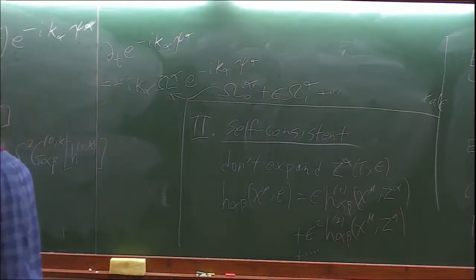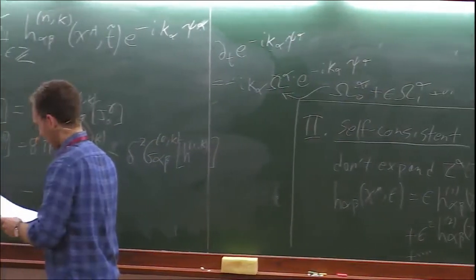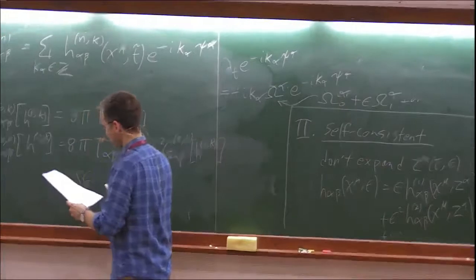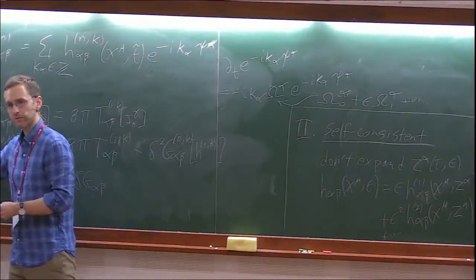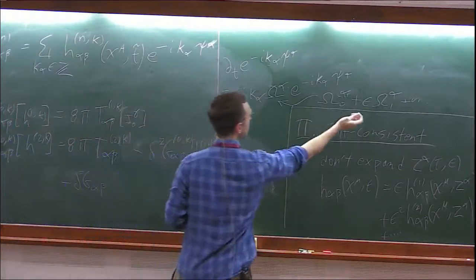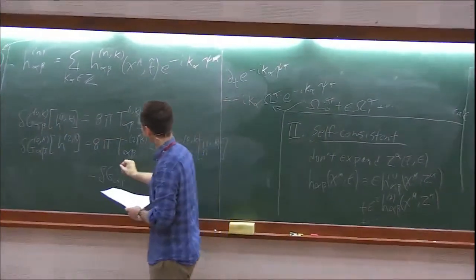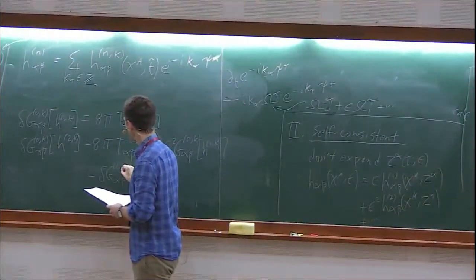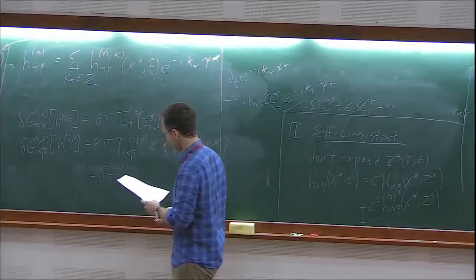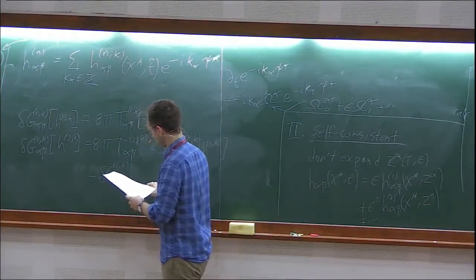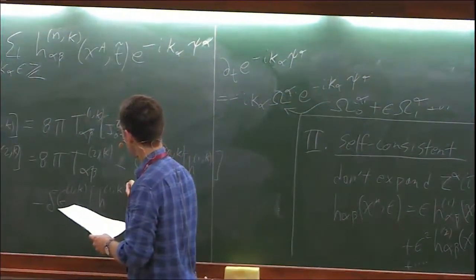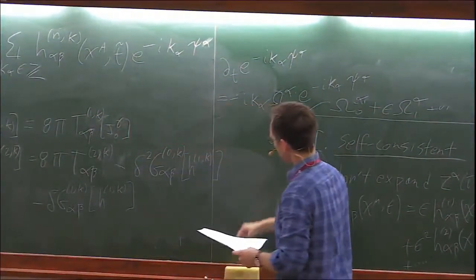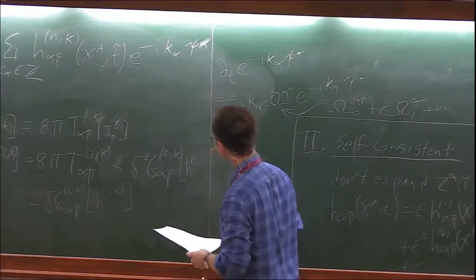Now I have terms that are either linear in a slow time derivative or linear in omega 1. So I'm going to write that as 1k, and it's acting on h1k. One subtlety here is that this should not be the same k inside.